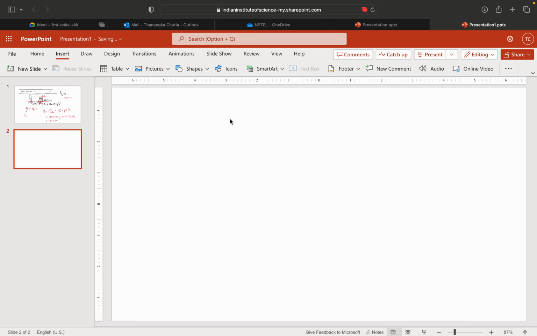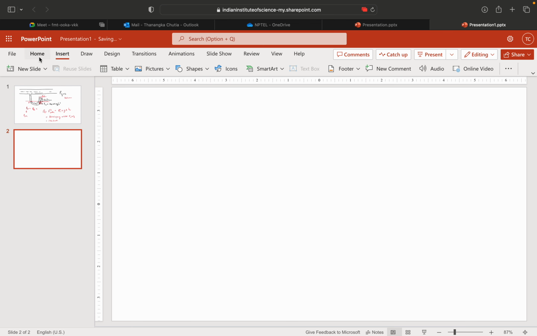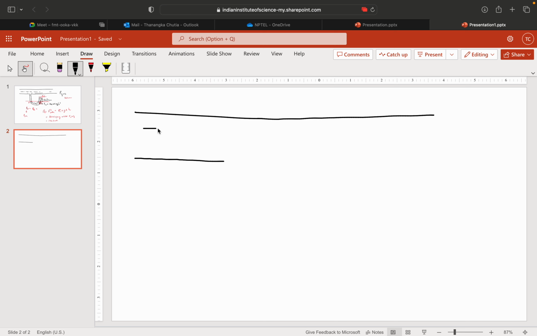But now liquid is flowing. Now this is water, so water is flowing here.